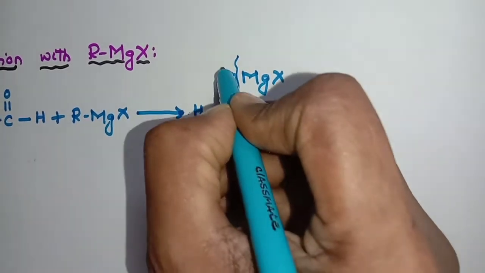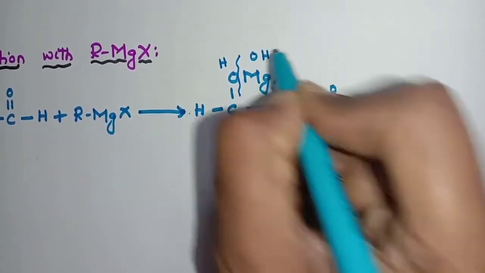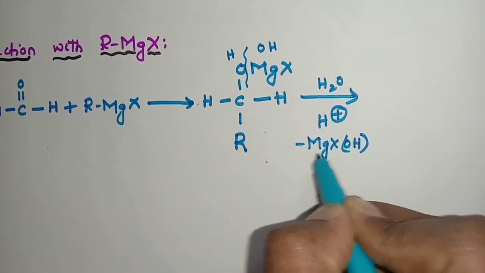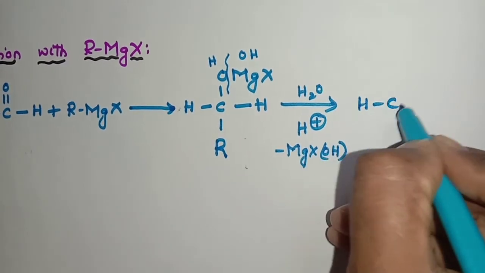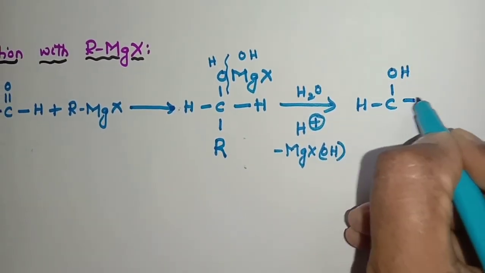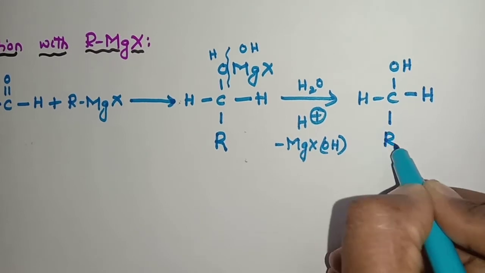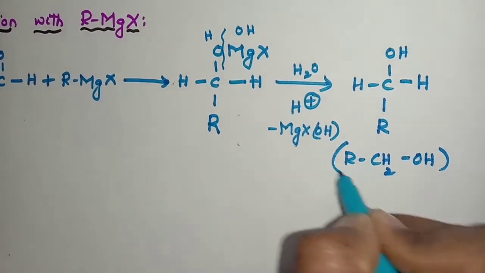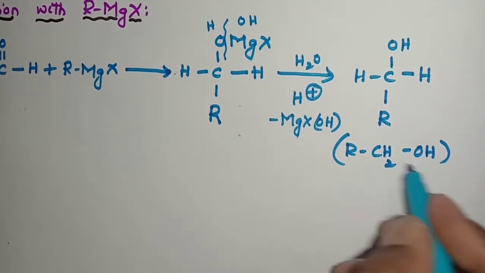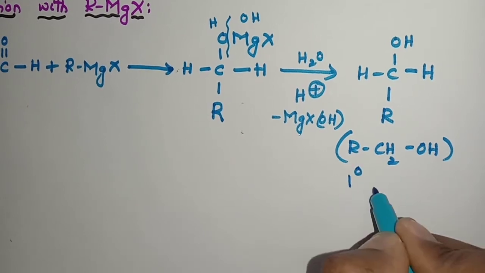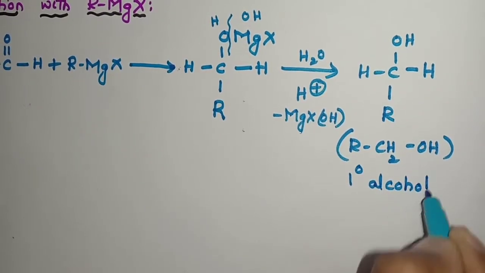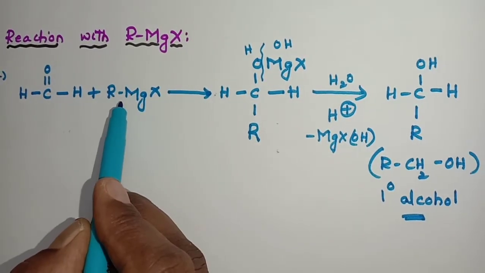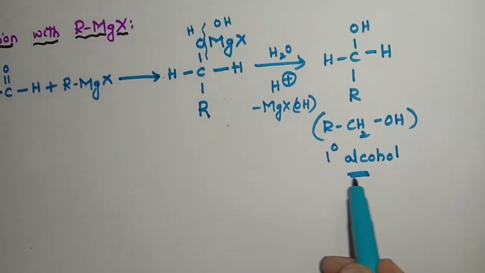Here it breaks down and H comes this side, OH comes this side. So minus MgX OH, this goes out. What remains? H C OH H, this is R. Okay, I will write it down, RCH2OH. So what is this? Please, can you guess? This is nothing but a primary alcohol. Okay, so formaldehyde on reaction with RMgX produces primary alcohols.